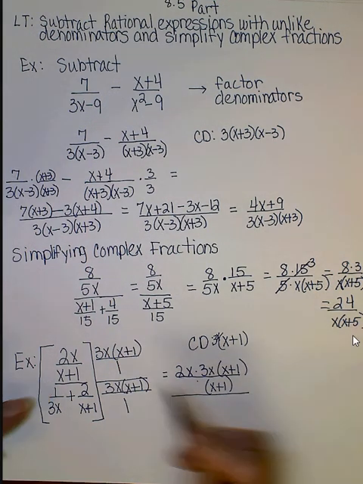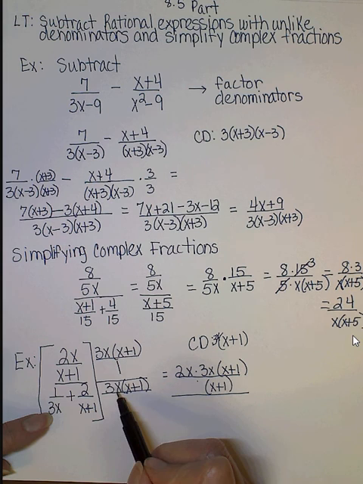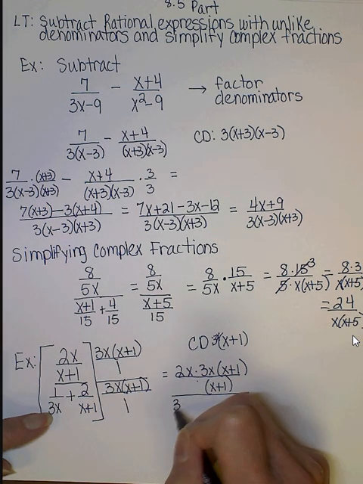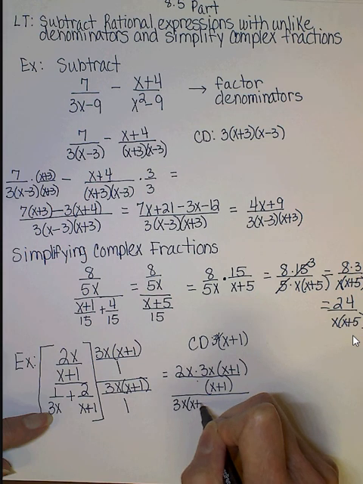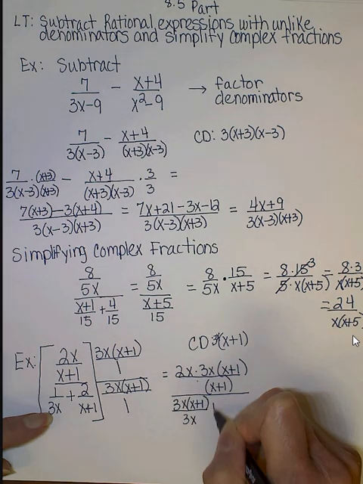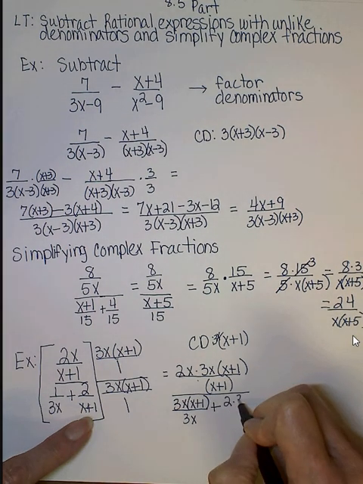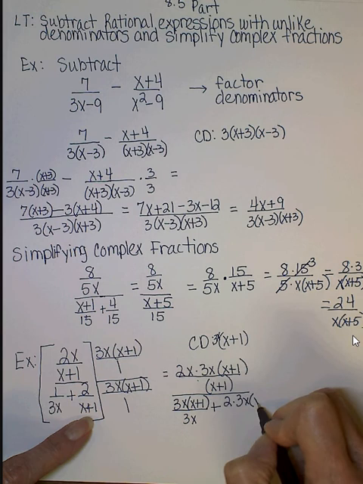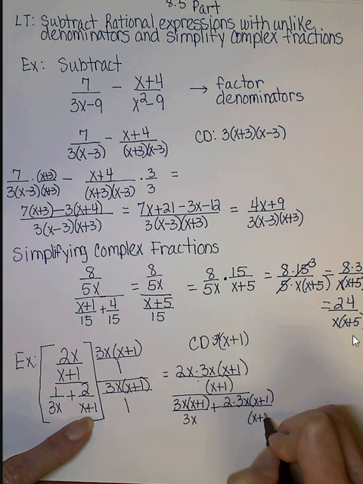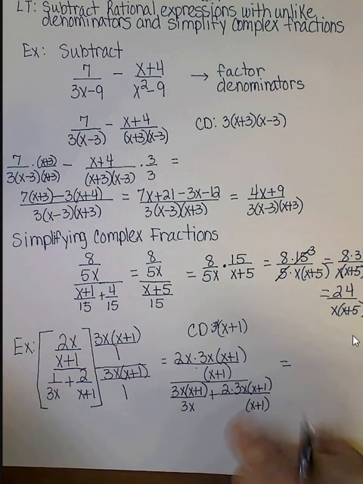Okay, multiplying across here. Now I'm going to have 3x times x plus 1 times 1. And then that'll be over 3x plus, now I have to multiply it times this one too. 2 times 3x times x plus 1 all over x plus 1. I know it looks crazy, but now we're going to clean it up.